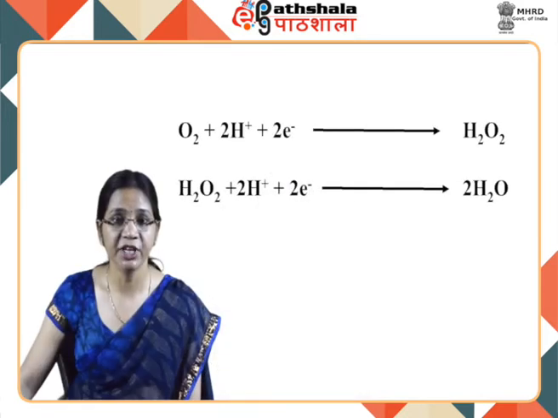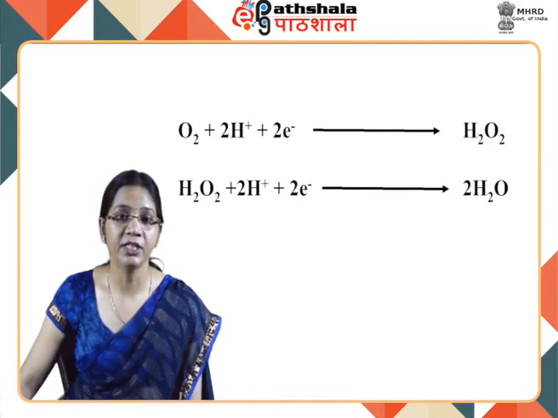The first wave is obtained as a result of reduction of oxygen to peroxide, as shown in the equation, and the second as a result of further reduction of peroxide into water. Thus, oxygen is polarographically active and is reduced first to peroxide and then to water.